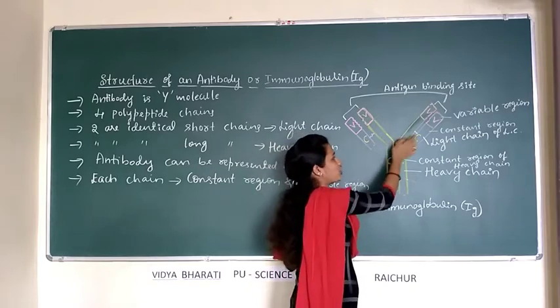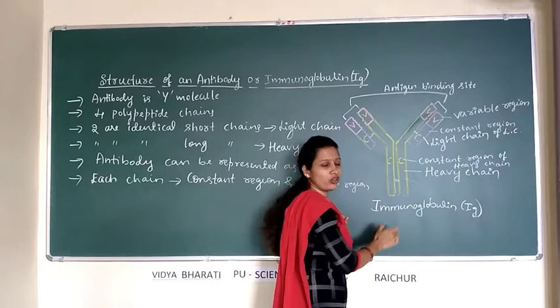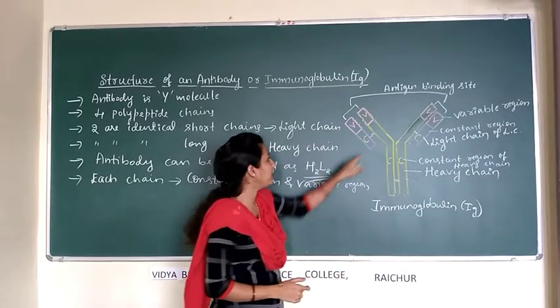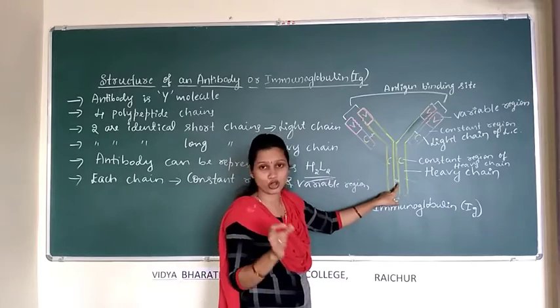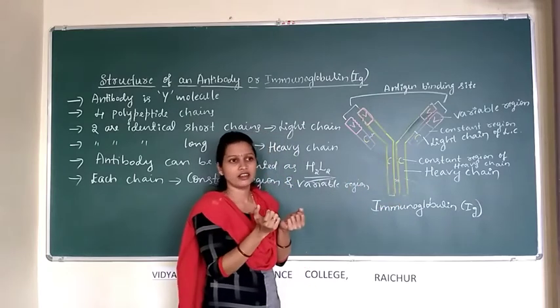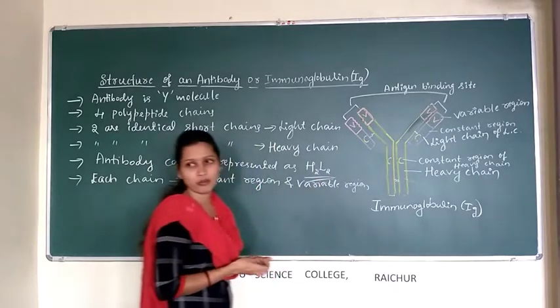These different polypeptide chains of an antibody molecule are held together by disulfide bridges. See here, disulfide bridges hold the different chains of the antibody molecule.